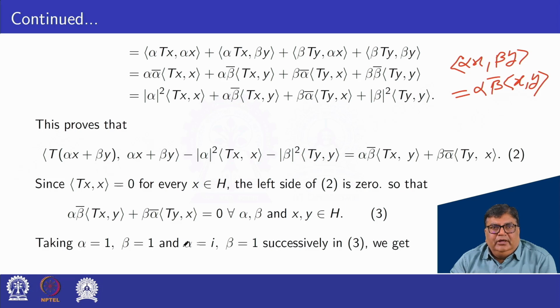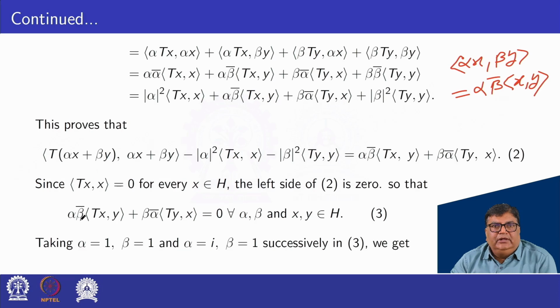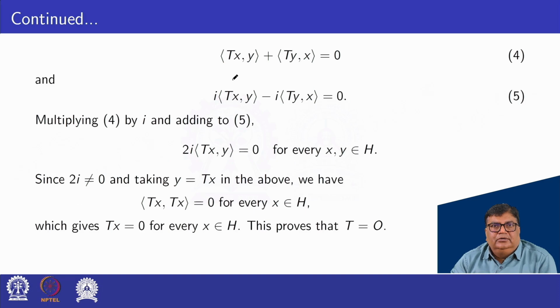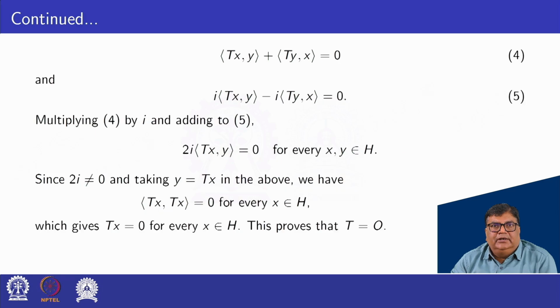If alpha is equal to i and beta is equal to 1, then i into inner product of Tx, y minus i into inner product of Ty, x is equal to 0, because here alpha is equal to i, beta is equal to 1. So this one, and here beta 1, alpha i.